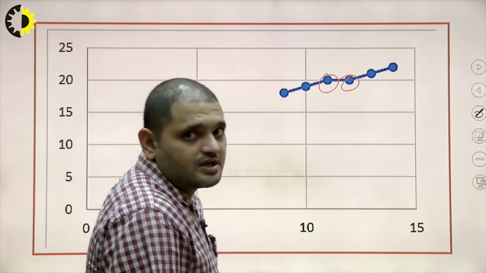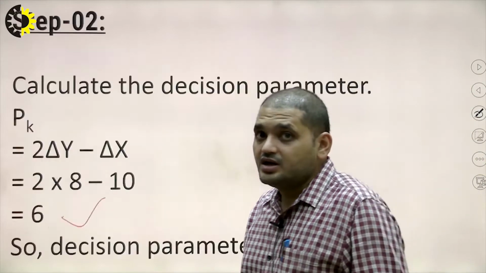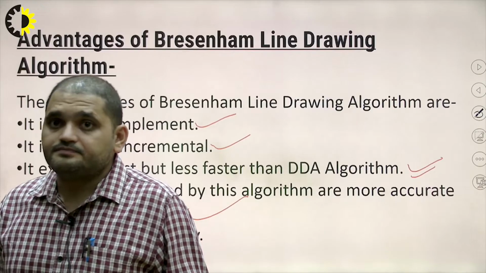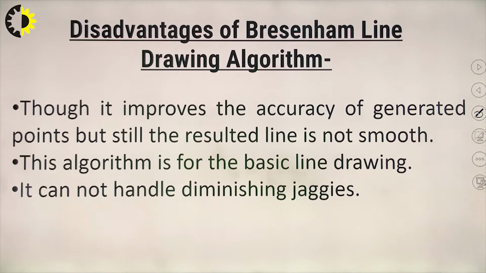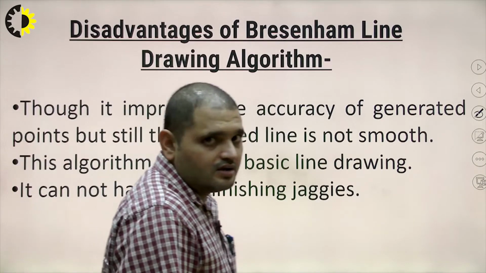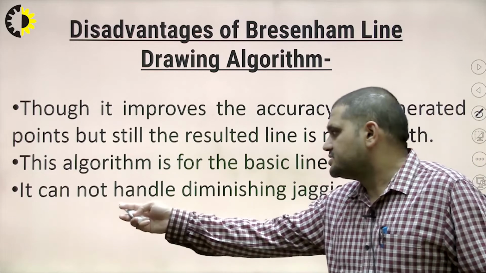So jaggies are still present, and the line is not as smooth as we want. This algorithm is for basic line drawing and it cannot handle diminishing jaggies.